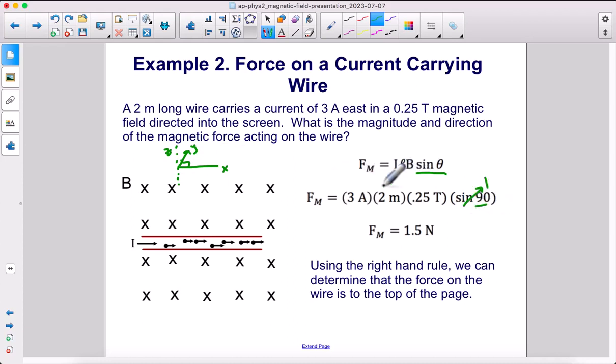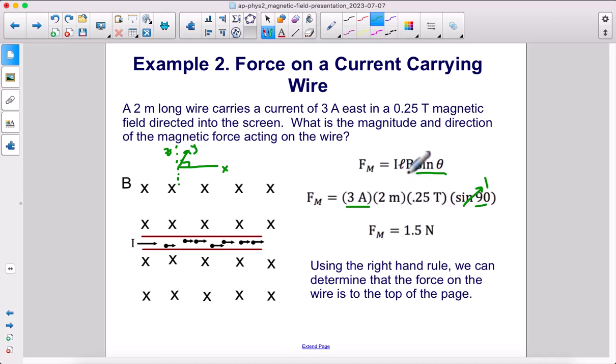So ILB. I is current, L is the length of the wire, which basically tells you how many charges are there in this wire, right? Because we have the amount of charge per second passing by any single location. We have the length of wire, which gives us kind of an amount of charges that are being influenced. There's forces being felt by them.